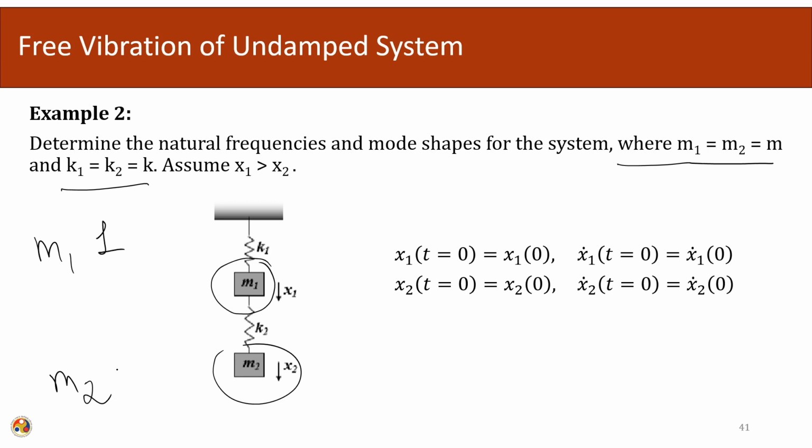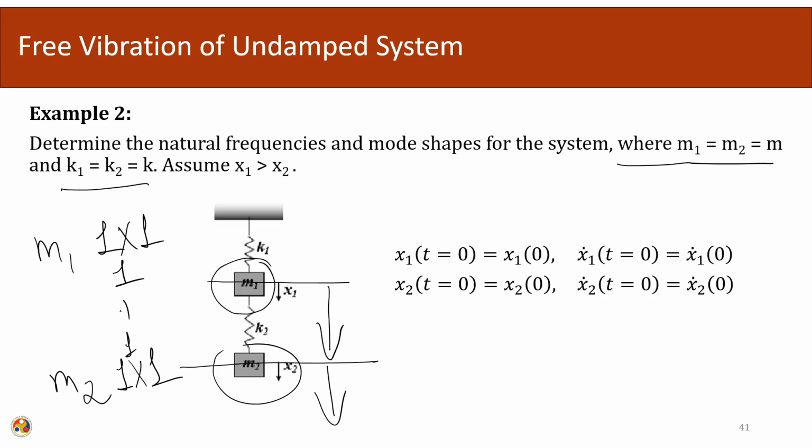This is mass 1, and this is the second mass. This mass can move in the vertical direction and this mass can also move in the vertical direction. So, the movement is 1 here and 1 here. So, 1 cross 1, 1 cross 1, so it comes out to be 2. There are 2 degrees of freedom in this particular system.